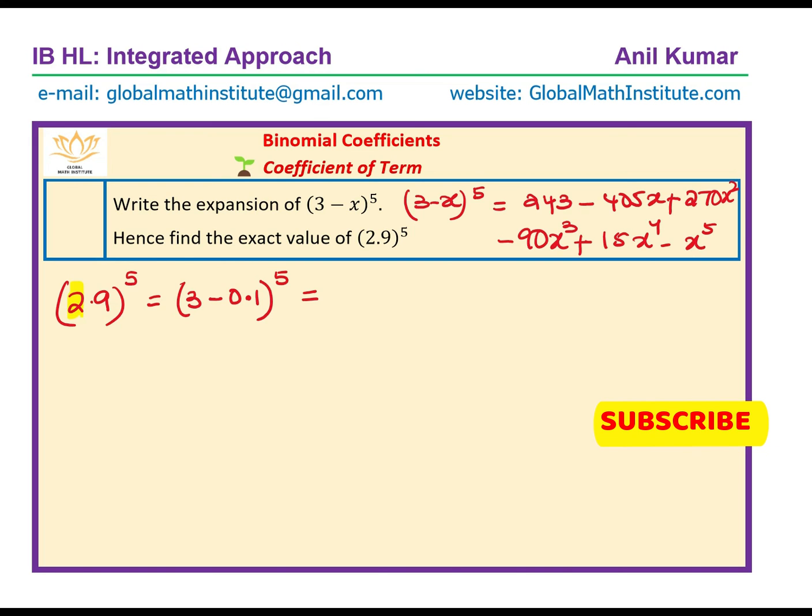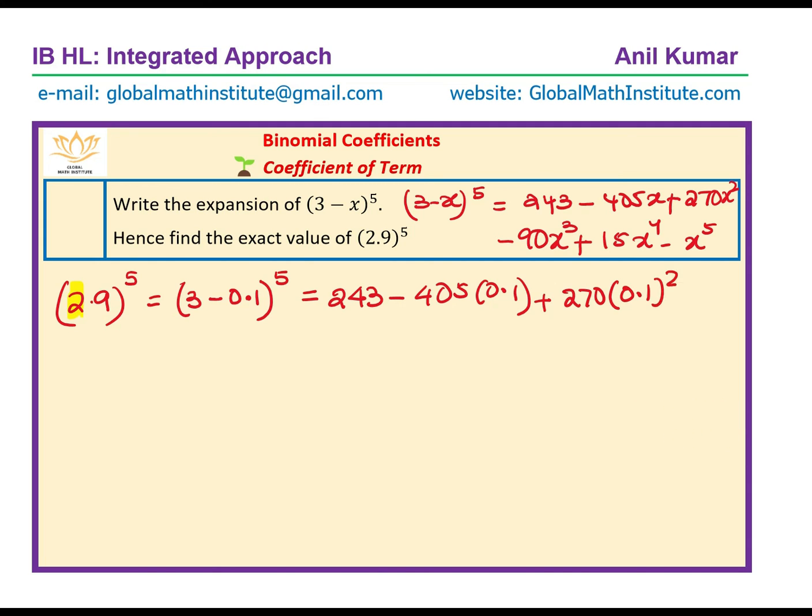So we are going to substitute for x 0.1, correct? So 243, which is 3 to the power of 5, minus 405 times 0.1, right? Then we have plus 270 times 0.1 squared, right?